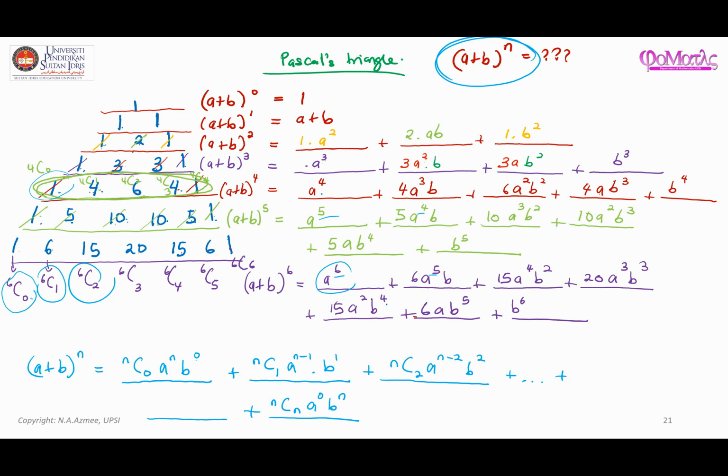The second last term must be NC, if the last term is n choose n, this must be n choose n minus 1. Over here must be a to the 1, because here is a to the 0, and here is b to the n minus 1. So basically that is a plus b to the power of n. That's the formula.